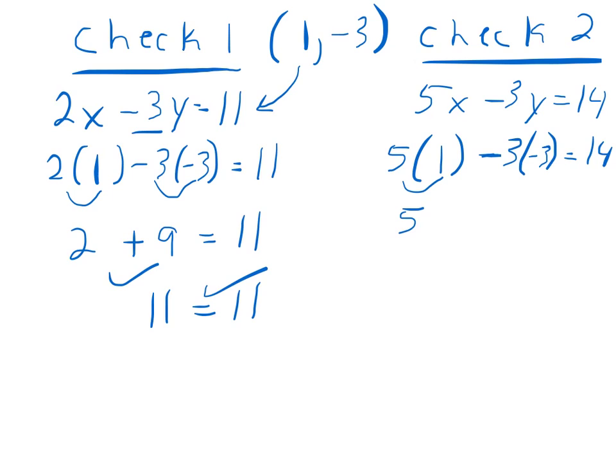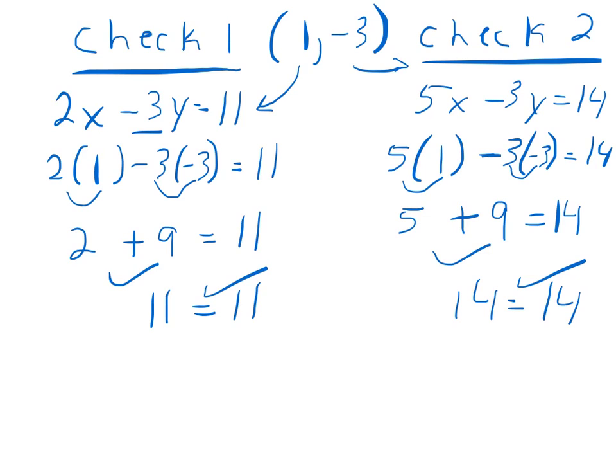For this one, a negative times a negative is a positive, so 9 is equal to 14. So this equals 14. We just proved this point is on this line as well. So we just proved that our one ordered pair balances out both equations, which means that ordered pair is in fact an answer to the system.